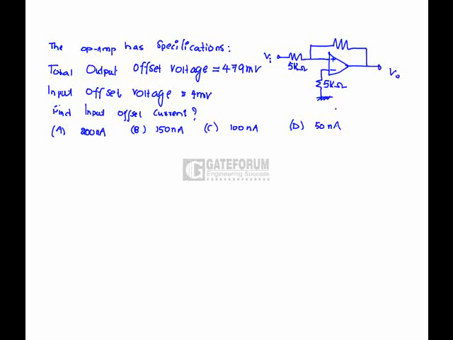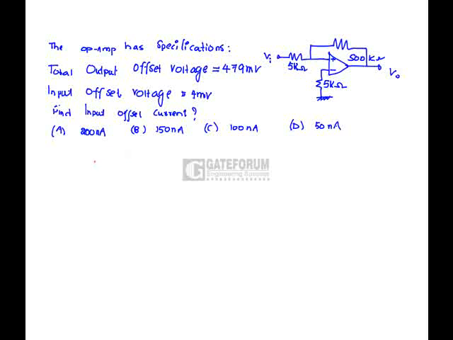It has the following specifications. Total output offset voltage is 479 millivolts. Input offset voltage is 4 millivolts. Find the input offset current. Here the feedback resistance is 500 kilo ohms.